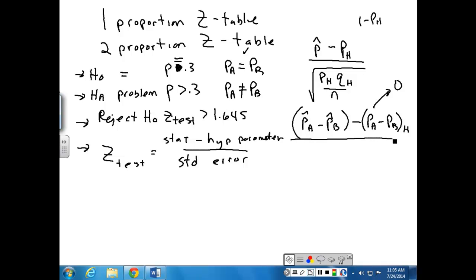And the standard error for that is going to be the square root of P bar Q bar times 1 over NA plus 1 over NB. When we get to working some problems, I'll say a little bit more about that, but that's just the average proportion, weighted average, across both groups. That'll make more sense when we have a specific example, but I just want to get the formulas out there right now.